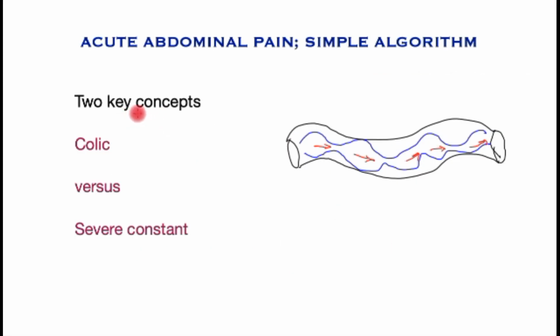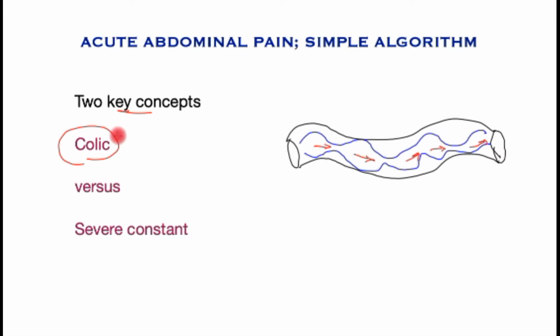And now to differentiate 2 key concepts to understand before making a diagnosis on pain. The first one is colic. Colic refers to pain originating from a hollow viscus or a tube, such as the GI tract, the biliary system and the ureters. The way a tube works is by propulsive movements shown in blue over here, causing the fluid or contents to move forward by rhythmic contractions.